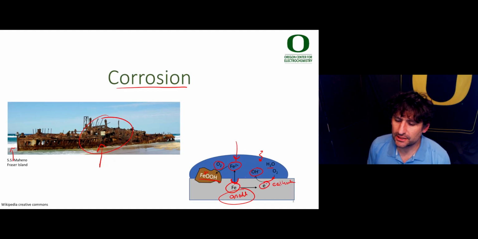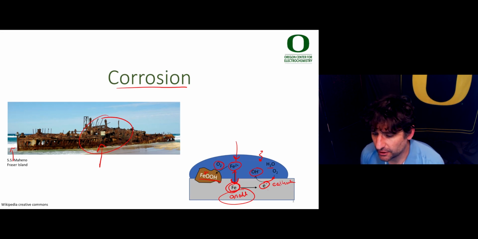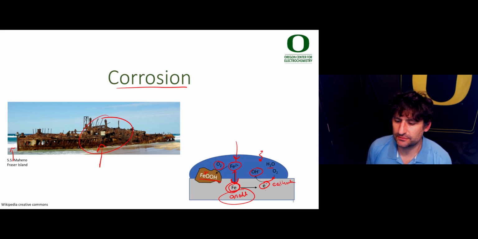So where do these electrons come from? Well, they can easily come from the iron atoms that are corroding to make iron 2+. So we have a local cathode and a local anode on the same metal. And one thing that's important to recognize is the current here that's flowing is relatively small. So this metal is going to be at some roughly constant electric potential.